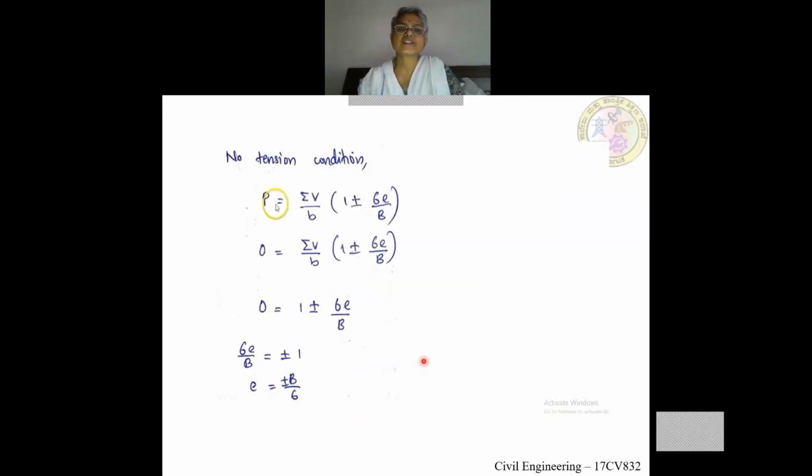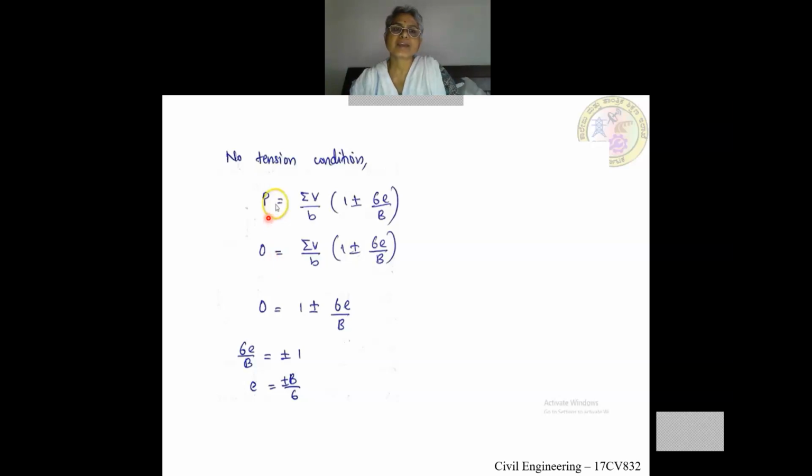So for the no tension condition, as I told you, there should be no tension, because concrete is weak in tension, and normally it should be designed in such a way that no tension stresses are developed in the concrete dam. Otherwise, tension cracks will develop. Therefore, you will make this stress as 0.